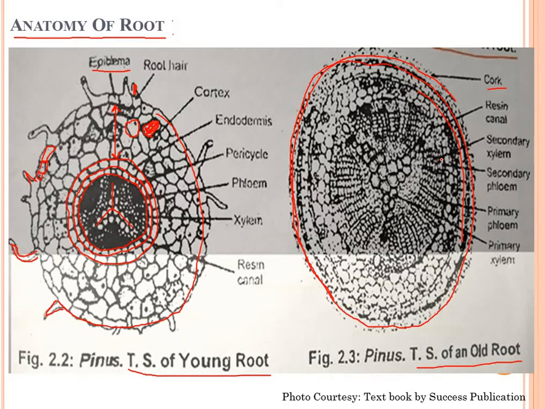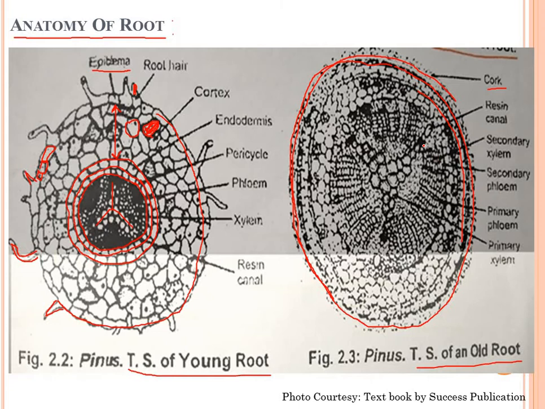Thus, this collateral secondary vascular bundle is formed. Now, the cells of the pericycle lying opposite to the protoxylem give rise to another cambial strip, thus completing the cambium ring.